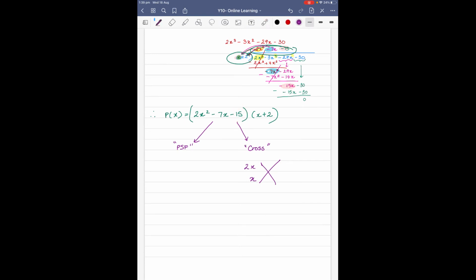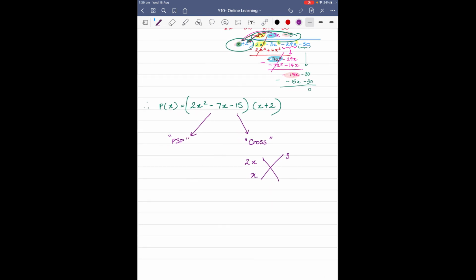We know it's 3 and 5. So I'm going to put 3 here, 5 here. 2x times 5 gives you 10x, and x times 3 gives you 3x. But your ultimate goal is to get minus 7x. So we're going to do minus 10x plus 3x gives you minus 7x. Pop it in between the signs. That's your first bracket. That is your second bracket.